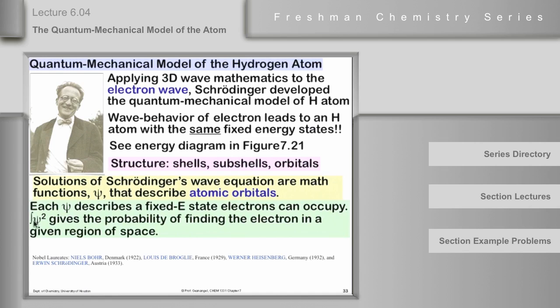Now, if you square the wave function for a particular orbital and integrate over a particular area, x, y, z, you produce the probability of finding the electron in that region of space.